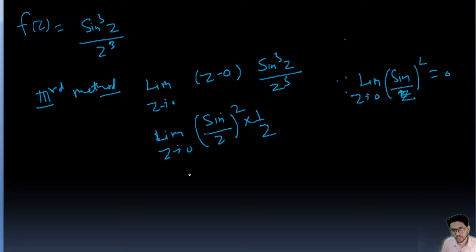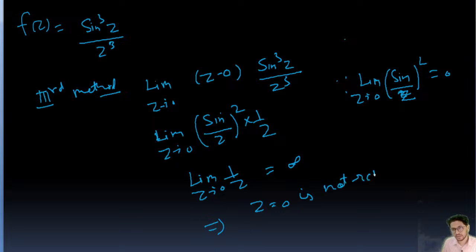So this is going to be 1 into 1 upon z. Now if you put z equal to 0, this value is going to be infinity. It's not a finite value, but this should be 0, right? But it's infinite. It means z equal to 0 is not a removable singularity.